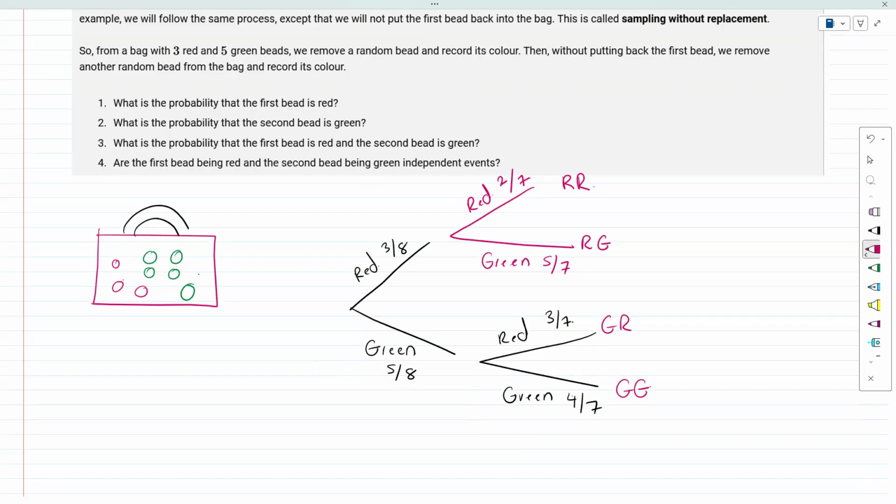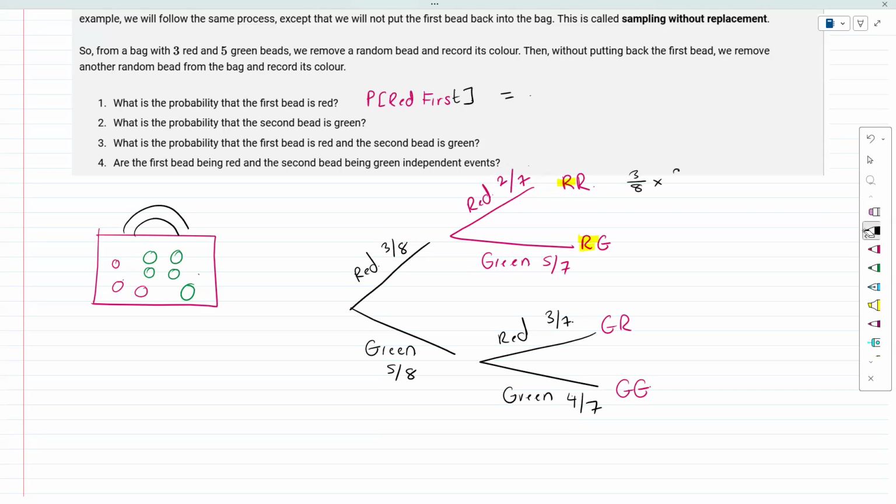Now, guys, the question asked us very simply, what's the probability of getting red first? So when it comes to 2 choices, I can look at where I have red first. And red is here and here. So the probability of getting red first, I spelled first wrong, would be 3 out of 8 times 2 out of 7.